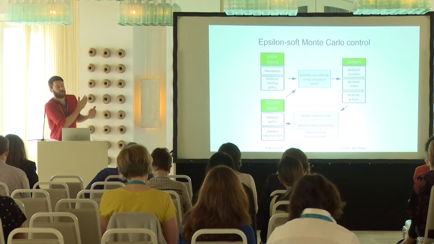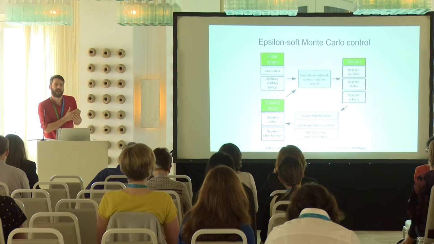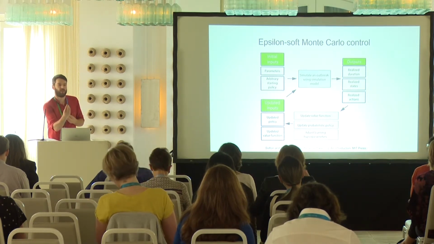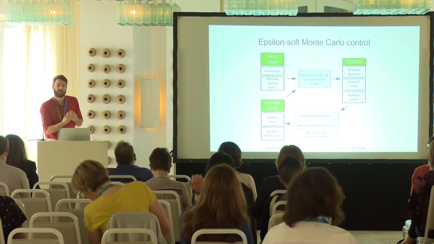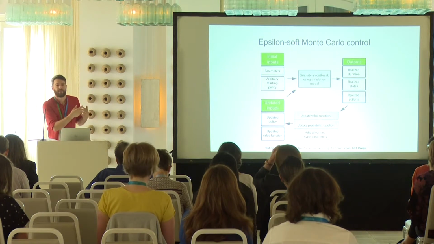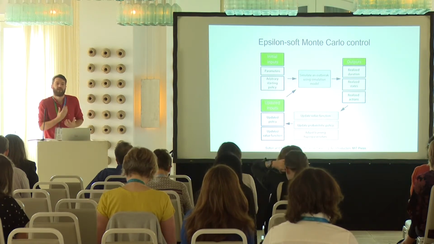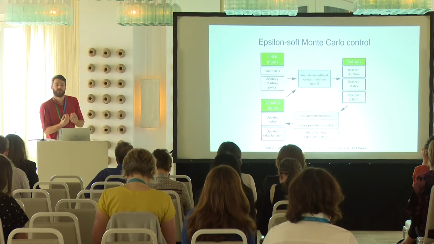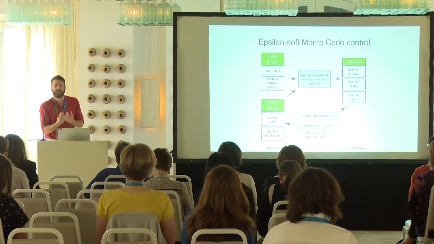And then we look back through all those different states and the different actions, and the algorithm records the realized outbreak that we saw when we took that action in that particular state. This is done many thousands of times, and we build up an idea of the value of taking a particular action when we're in a particular state.